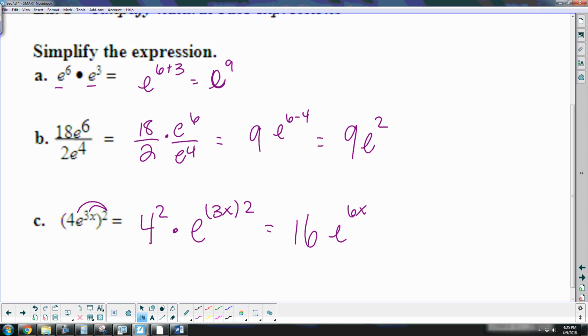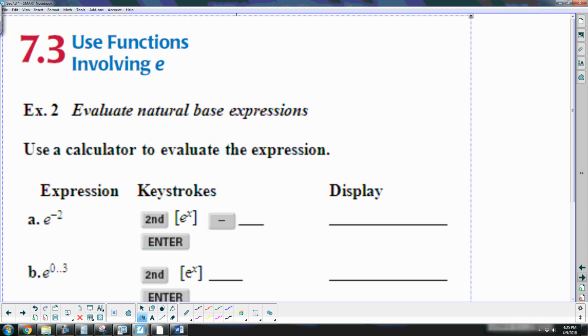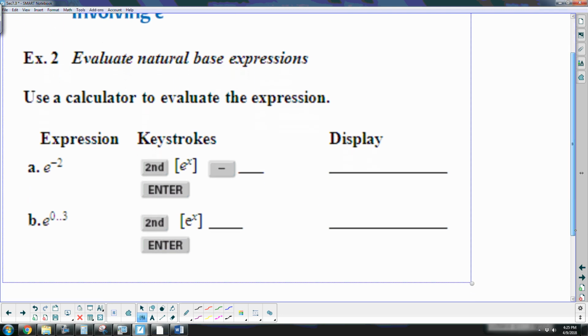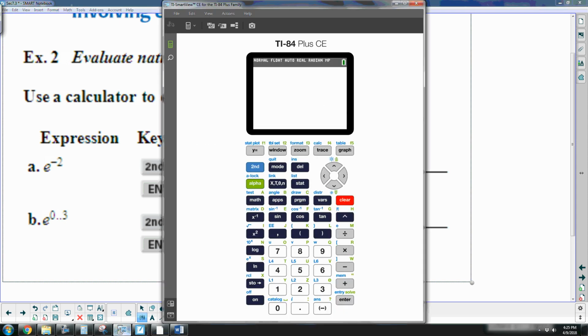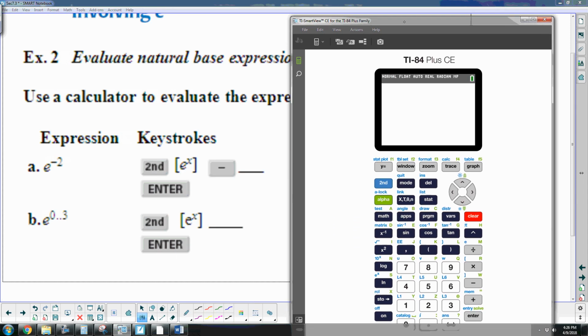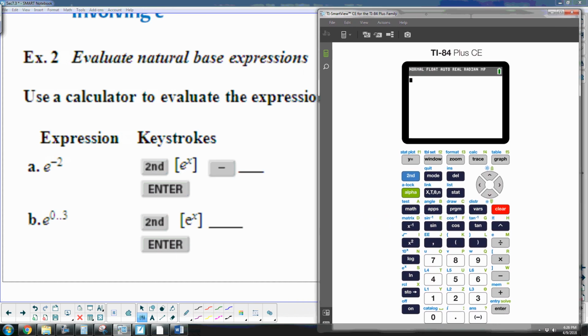Now, since e actually has a value, again, it's not a variable, it's a constant term, approximately equal to 2.72, we can actually evaluate these expressions. So on your calculator, you can evaluate these expressions.